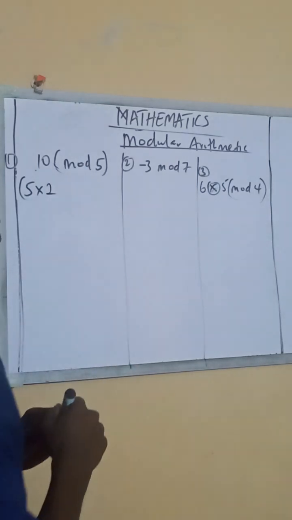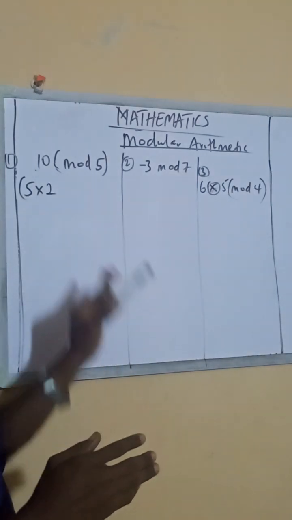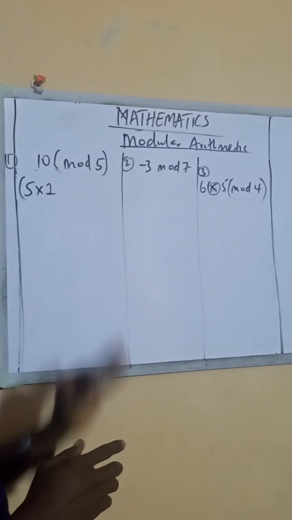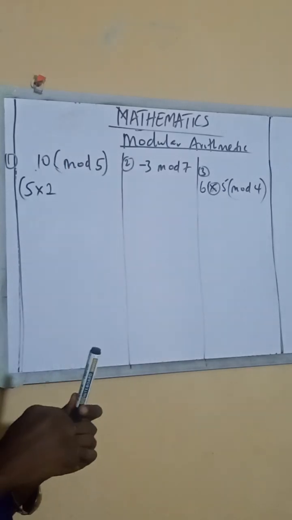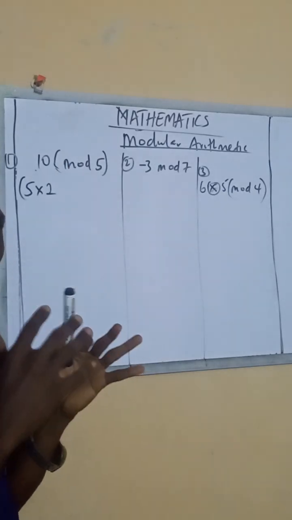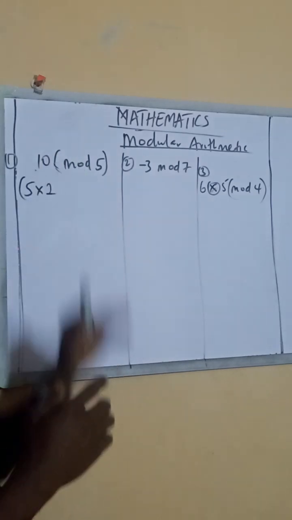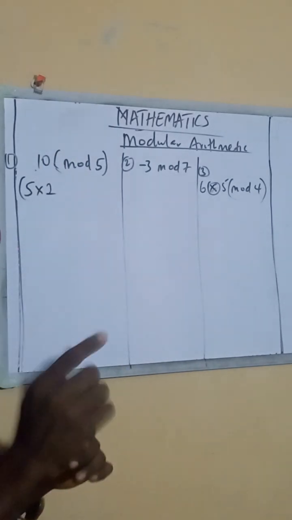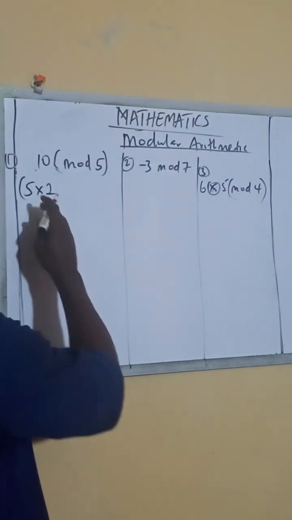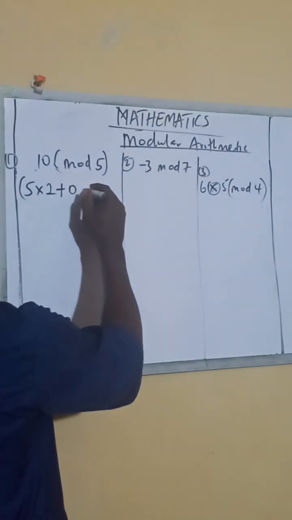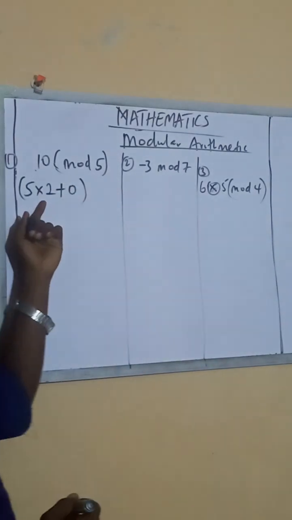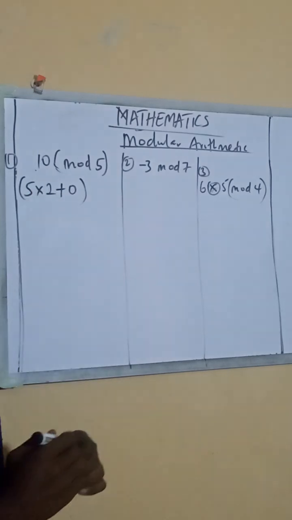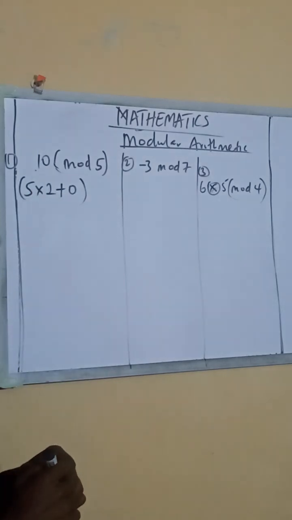Since we're having 10 now, we need to think of a number that will not be more than 10 if we add it to the 10 that we get when we multiply 5 times 2. Now 5 times 2 is 10. So if you add 0 to the 10 that we got, you realize that we still get back to our 10.